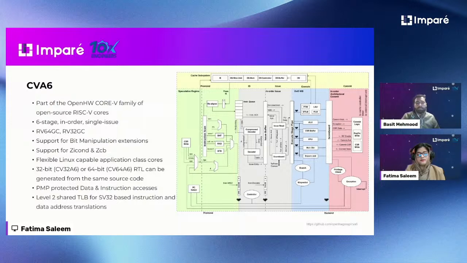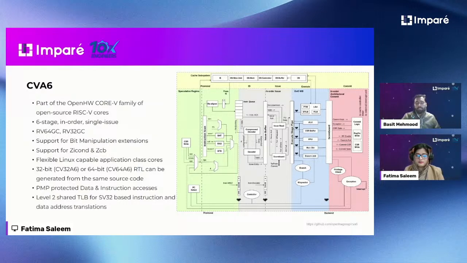It operates with a 6-stage in-order single-issue execution pipeline, making it efficient for a wide range of applications. The CVA6 supports both RV64GC and RV32GC instruction set architectures, providing flexibility to address different system requirements.